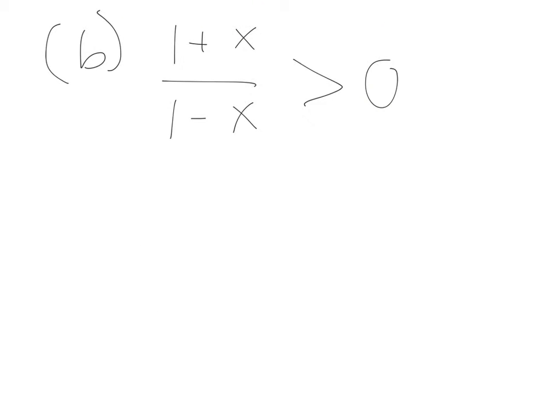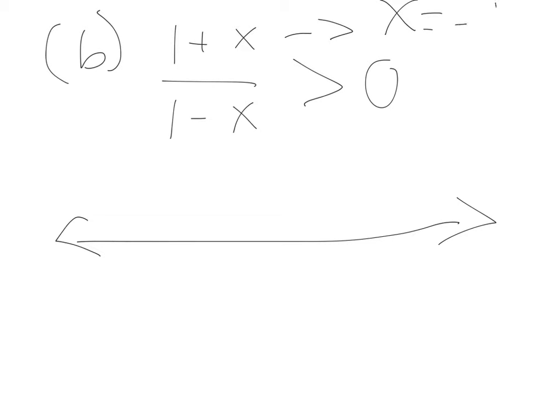Alright, so for part B, log base 5 of 1 plus x over 1 minus x. Pretty much you have to take the input and find out where the input, which is this rational function, is greater than 0. Alright, since we have a rational inequality, you have to find where the numerator is equal to 0. Remember, numerator is equal to 0 at x equals negative 1.